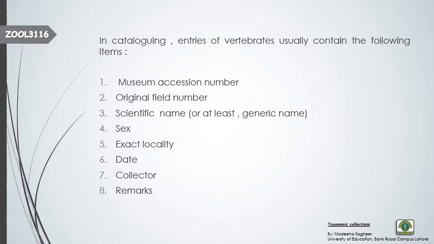The scientific name of that particular specimen should be written while cataloging. Then the sex of the specimen, whether male, female, or intersex. The exact locality name from where it has been collected should be mentioned, along with the date of collection and the collector's name, that is, who collected this specimen. And then the remarks on the collection or on the specimen should be part of the catalog.